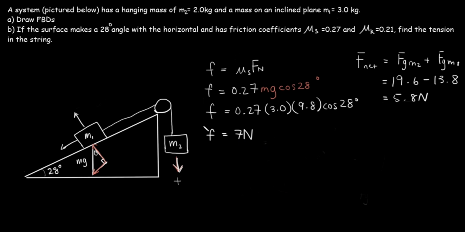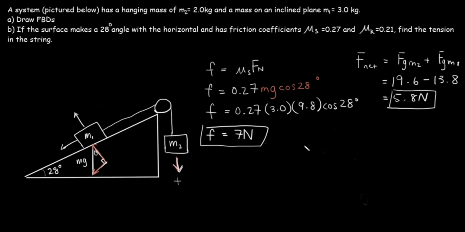As you can see, the force of friction is larger than the net force. So that means the whole system is going to be stationary. So it's actually not going to be moving. If the force of friction was less than the net force, that means the net force would make it move even if there was friction. So whenever there is something that is not moving, that means F net equals 0.